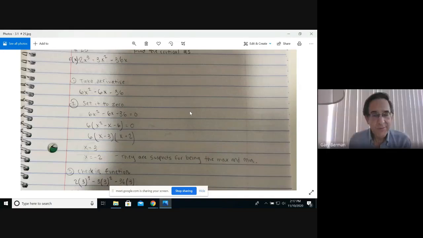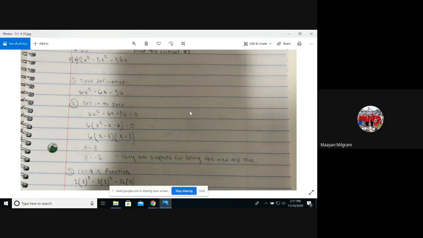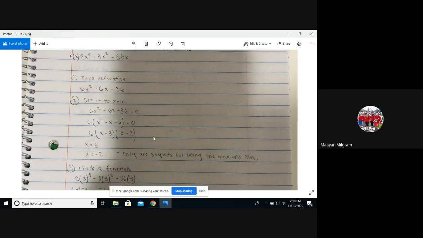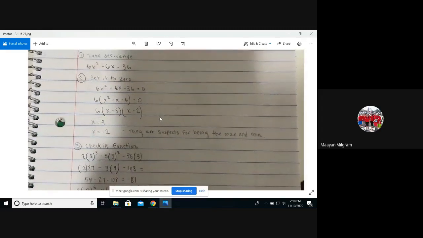Right. And then I set it to 0 because that's how we'll find what the suspects are for the maximum and the minimum. Right. So I factored, and then I got x equals 3 and x equals -2.